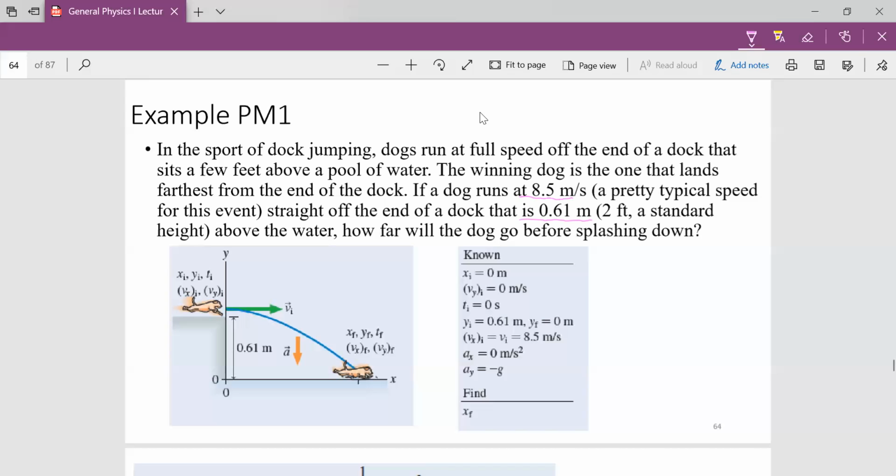Before it hits its final position, how far is it going to go from this origin? That's the question. So we'll try to bring out the parameters from the information supplied in the question.